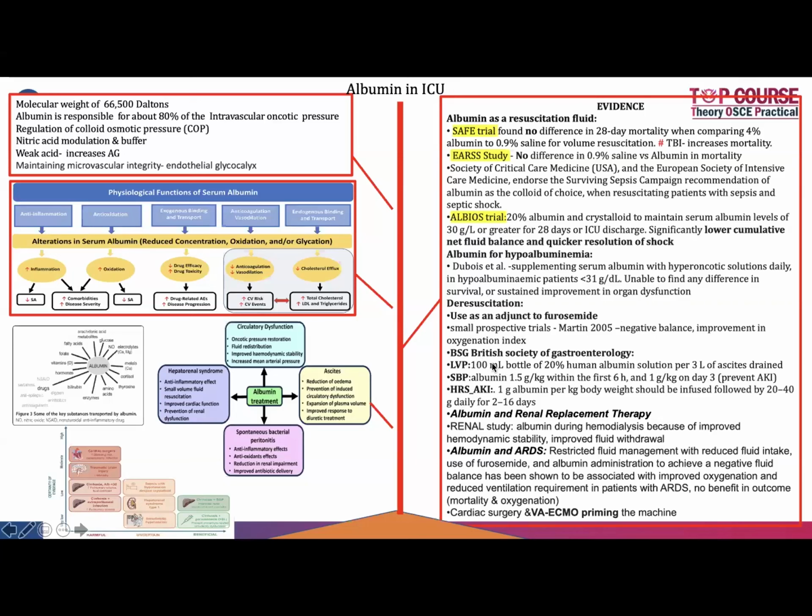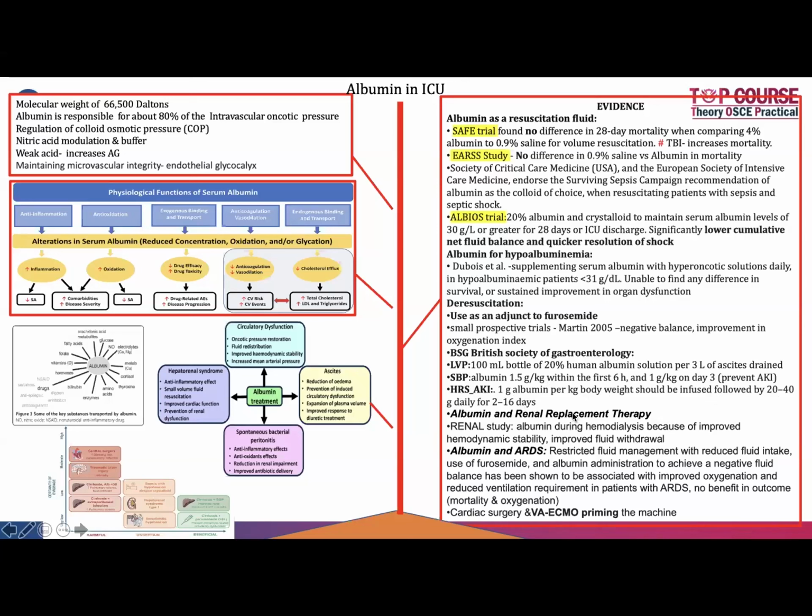If we are doing a paracentesis of more than 5 liters, you have to supplement 1 gram per kg per liter of fluid removed. In spontaneous bacterial peritonitis, 1.5 grams per kg, followed by 1 gram per kg on day 3. So this is for SBP, for prevention of AKI. And for HRS AKI, 1 gram per kg body weight infused for the first 2 days, followed by 20 to 40 grams per day for 2 to 16 days.